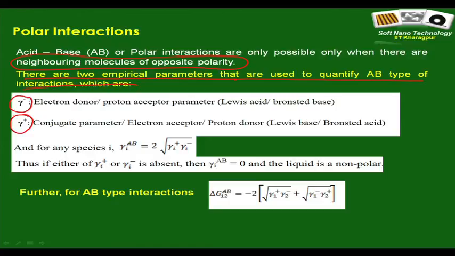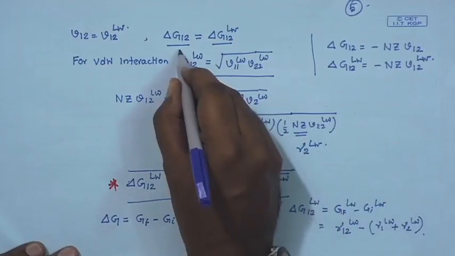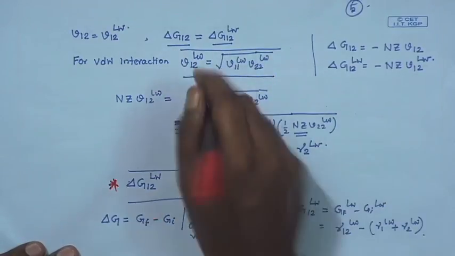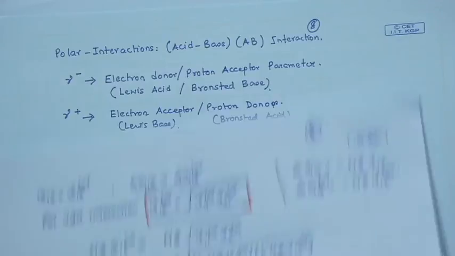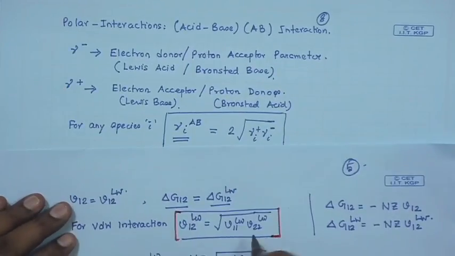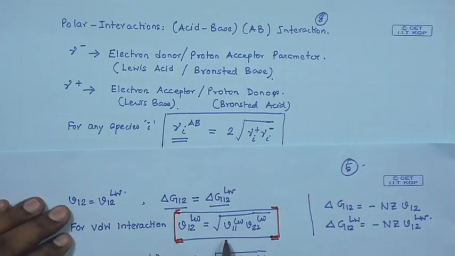What we used there is this particular relation, that is the interfacial interaction between two dissimilar molecules due to the van der Waals interaction.